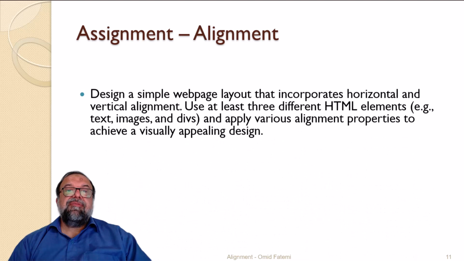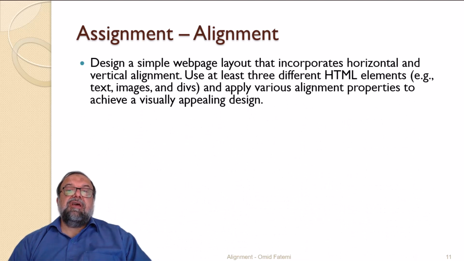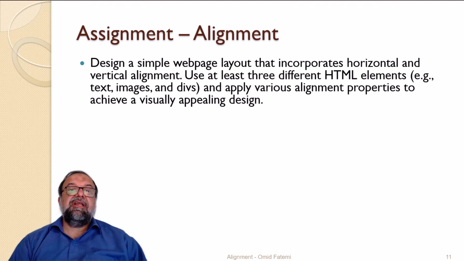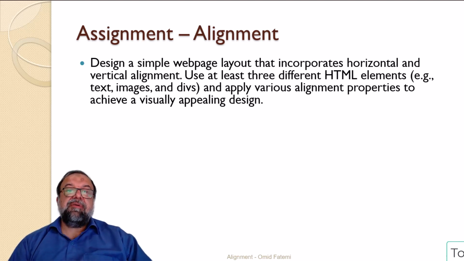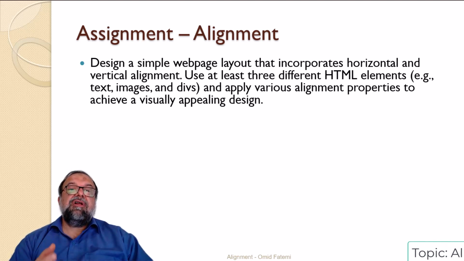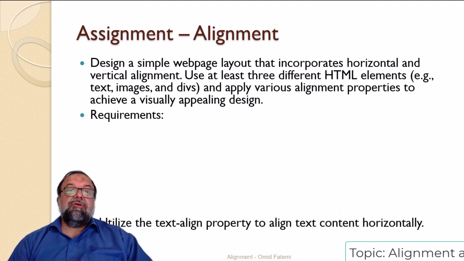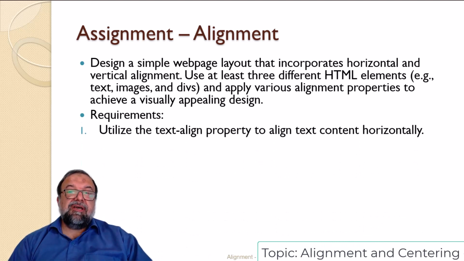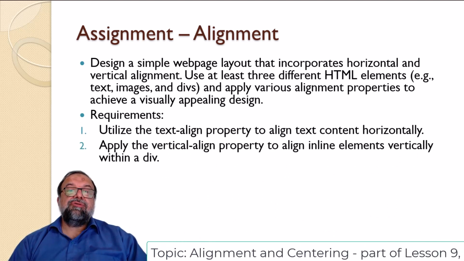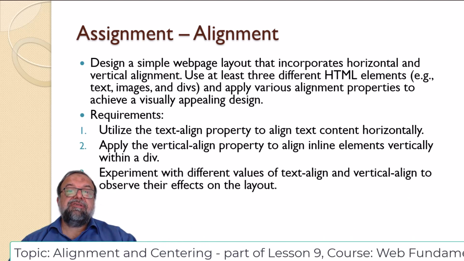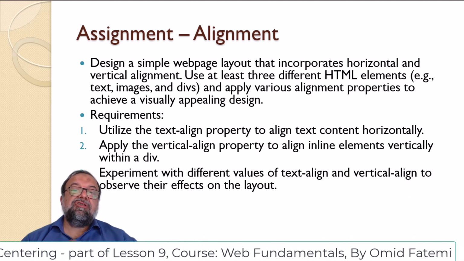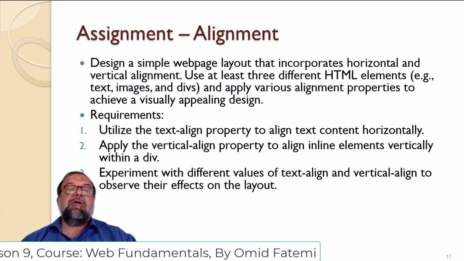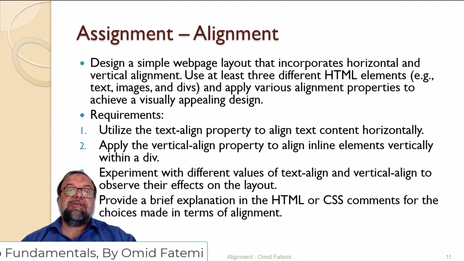For the assignment, create a simple web page with horizontal and vertical alignment, using three different HTML elements like text, images, and divs, and apply various alignment properties to achieve a visually appealing design. You have to use the text-align property and the vertical-align property, and also try different values of those properties to see how they affect the layout.